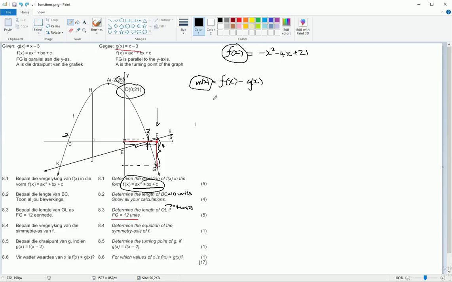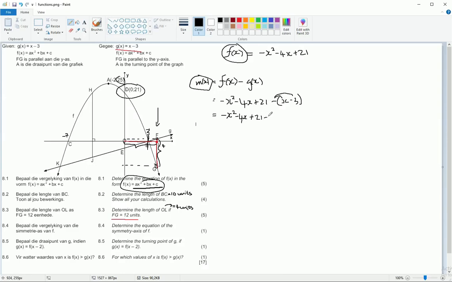Okay, so let's go plug all of our things in here. So parabola, that is minus x squared minus 4x plus 21. Great. The straight line is minus, so let's remember to put this in brackets. It's minus x minus 3. Okay, so let's just clean this up a bit, multiply this in. So this is minus x squared minus 4x plus 21.